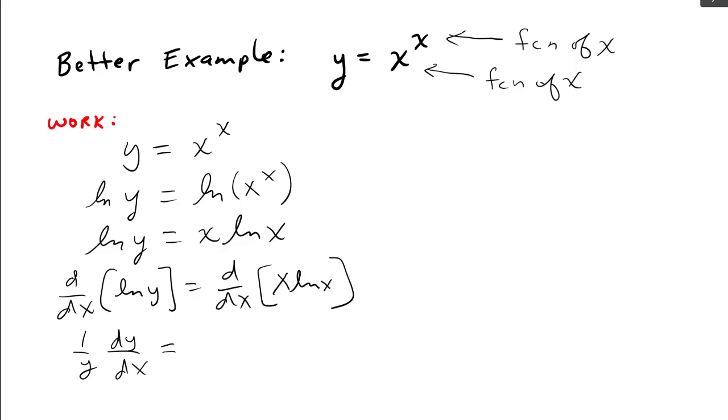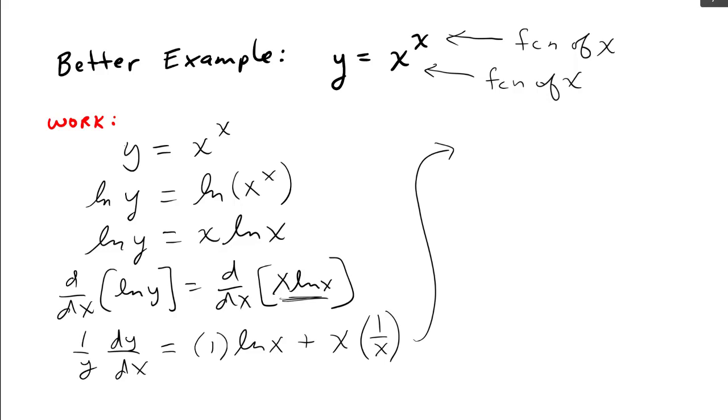Now notice on the right-hand side, I have a product rule situation. So the derivative of the first is 1 times the second as it is, ln x, plus the first, x, times the derivative of the second, 1 over x. So now I can simplify a little first. 1 over y dy dx is ln x plus 1.